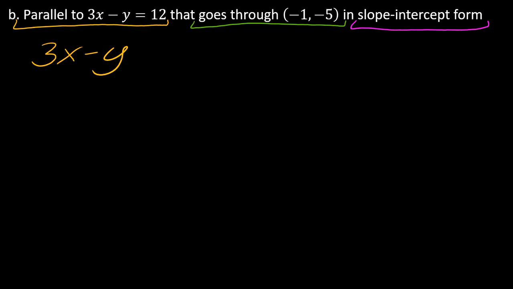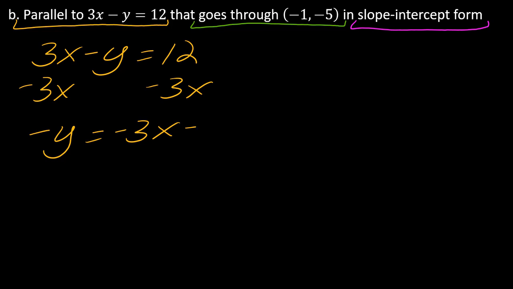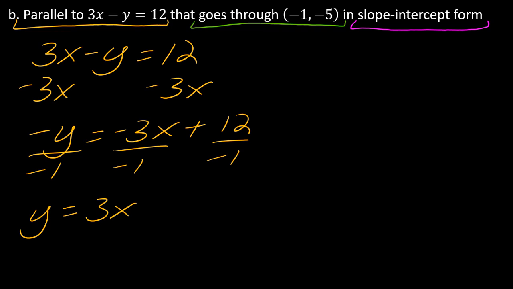Okay, so I've got this 3x minus y equals 12. So again, this is not in slope-intercept form. So I still have to do that manipulation where I subtract off the 3x. And so I get negative y equals negative 3x plus 12. And then I need to divide each part by negative 1. So I get y equals 3x minus 12.